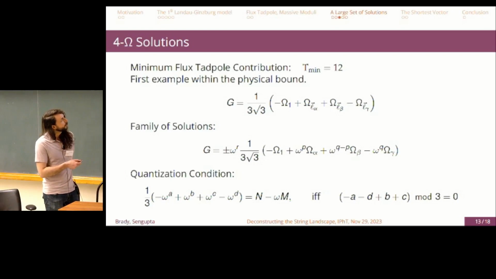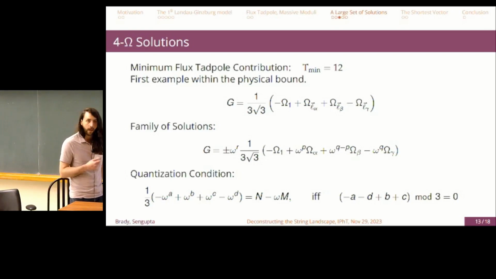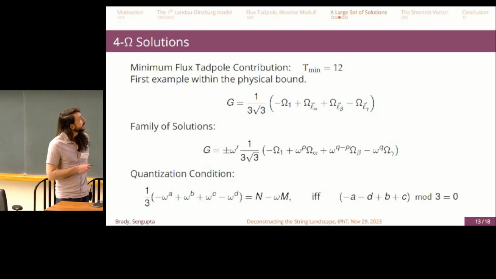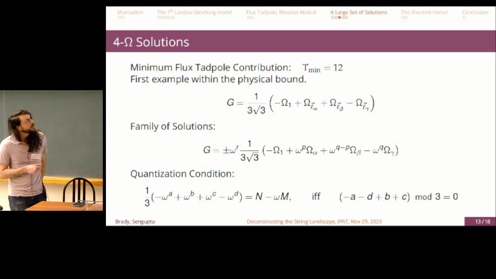Also, if you include phases, you can express this as a family of solutions. We found these exhaustively. You can check that if this is properly quantized, then this one should also be properly quantized.